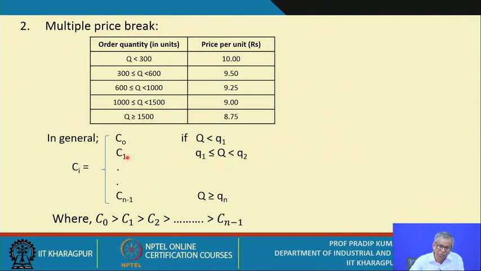The unit price is C1 if Q is between Q1 and Q2, Q2 excluded, and this process continues, and ultimately the unit price is C subscript n minus 1 when the order quantity is greater than or equal to Qn, where C0 is greater than C1, C1 is greater than C2, C2 is greater than C3, continuing like this, ultimately greater than C n minus 1. So, this is referred to as the multiple price break.